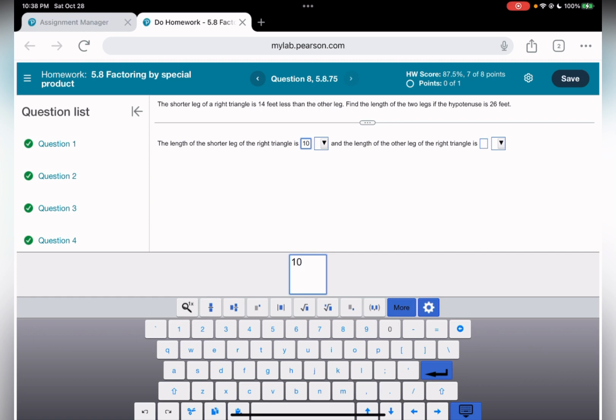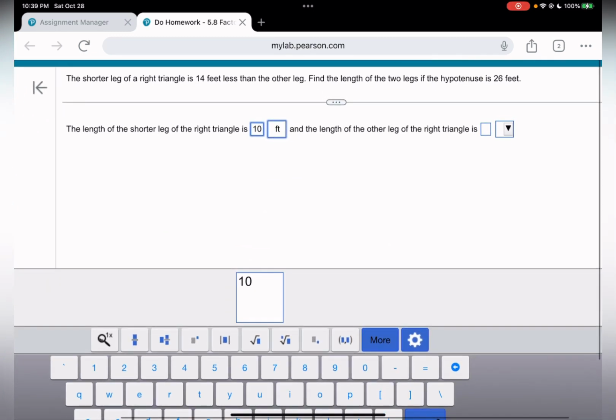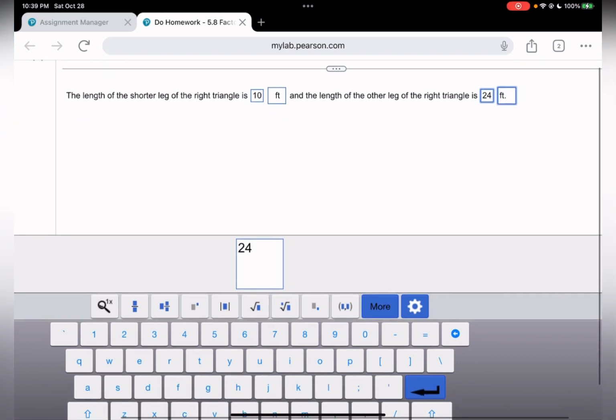And we are measuring in feet. And the length of the other leg of the right triangle is 24, right? It was 24, and also in feet. Okay, let's check it.